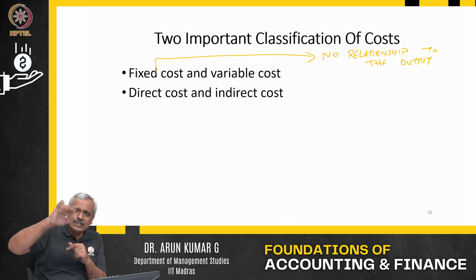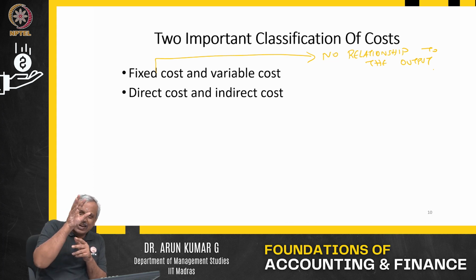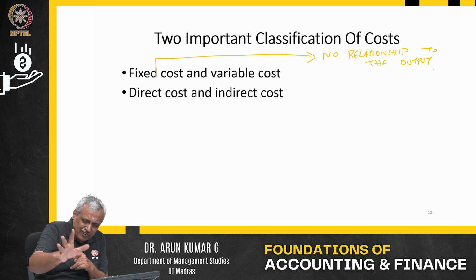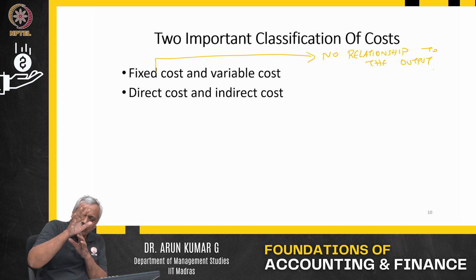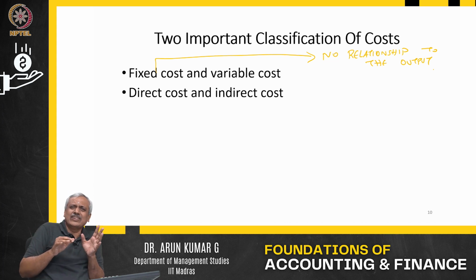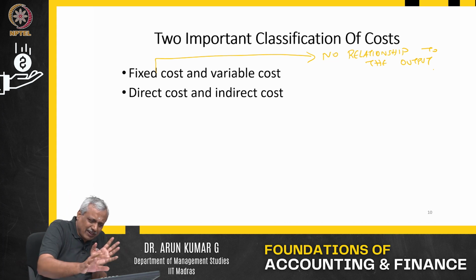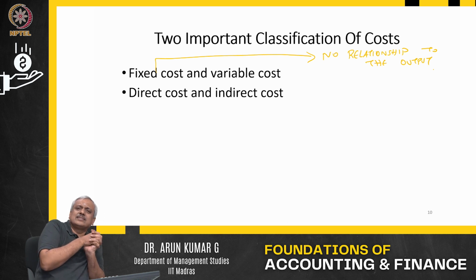Only the incentive was different. So that is fixed: whether production is on or not, the amount paid is the same. Classic example, rent for the shop floor. The rent I pay will be the same irrespective of whether I manufacture or not. That is what we typically call fixed cost.